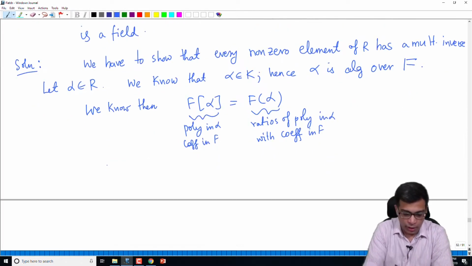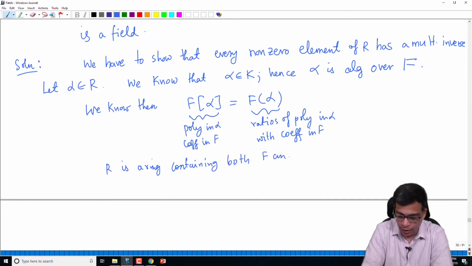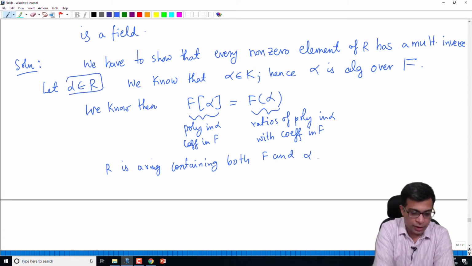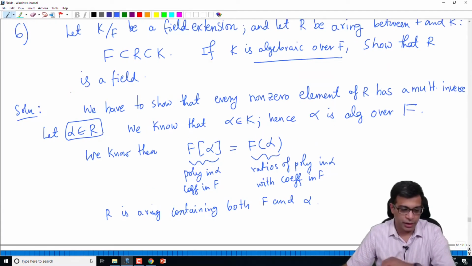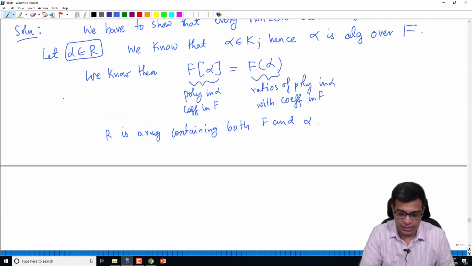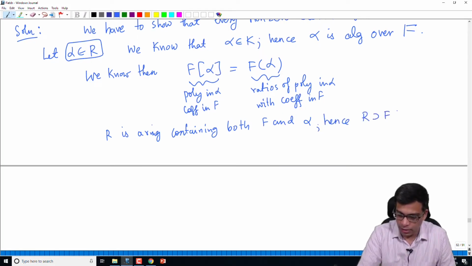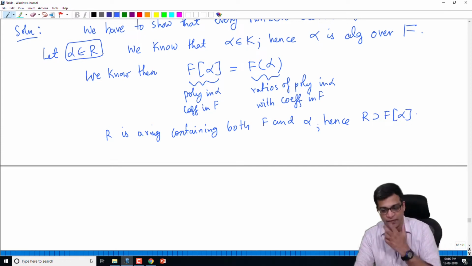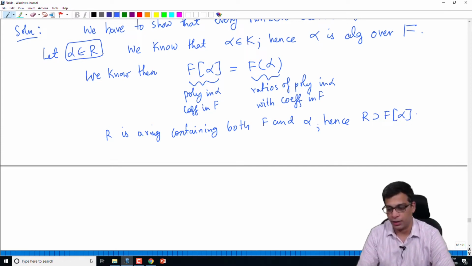But then R is a ring containing both F and alpha. Remember, we took alpha in R, and of course F is contained in R, that is the hypothesis. So it contains both F and alpha, hence R contains F[alpha], because F[alpha] is the smallest ring containing F and alpha in K. So R contains them, so R is going to contain F(alpha) also.